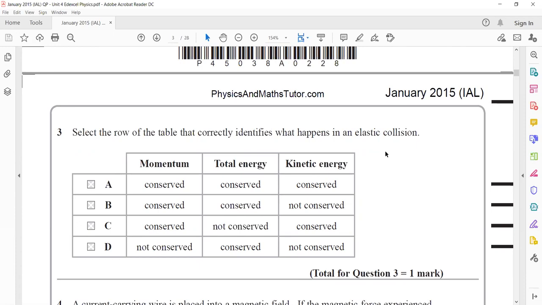A. Yeah, that's correct, A is the right answer. The total energy is always conserved. The kinetic energy in elastic collisions is conserved; in inelastic collisions, it is not conserved. Momentum is conserved in both cases.